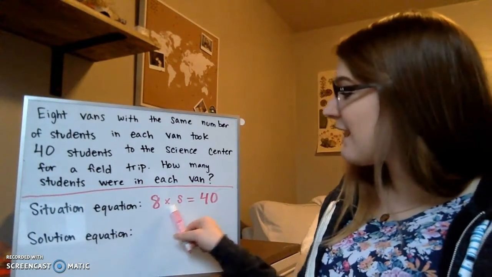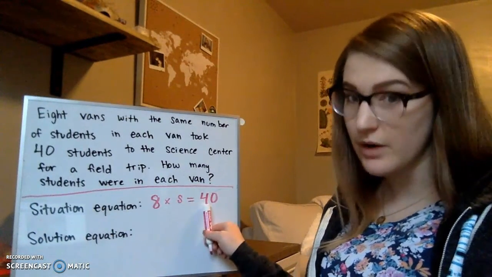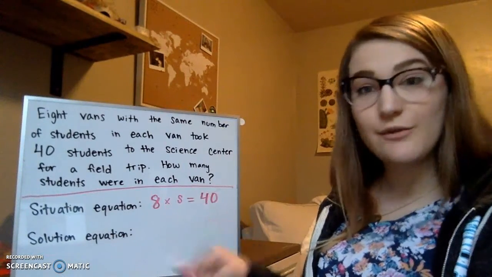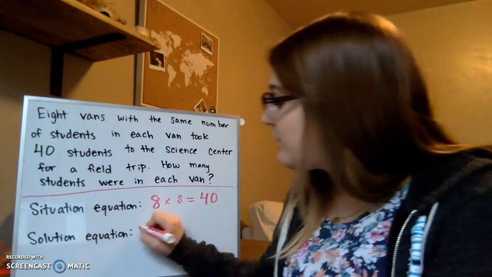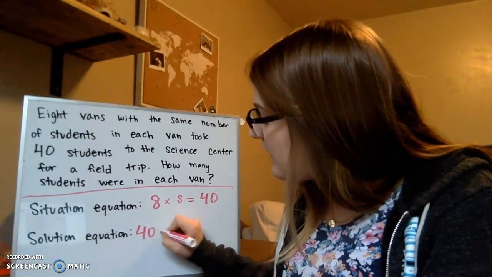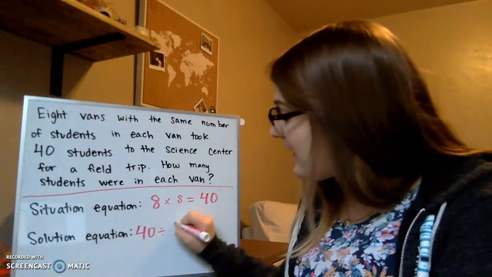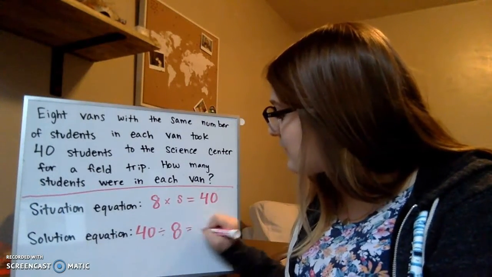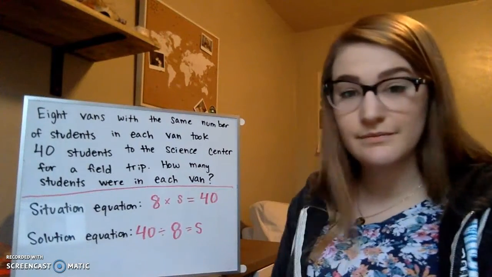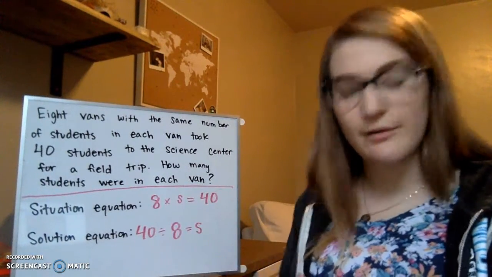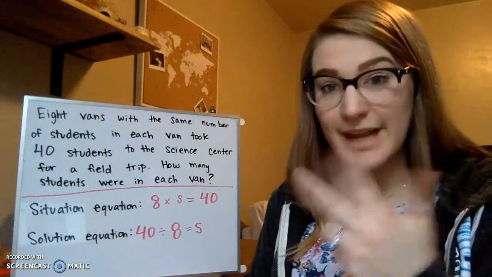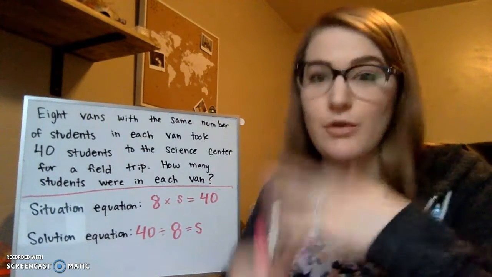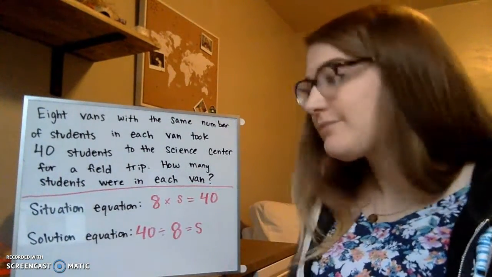So if 8 times S equals 40, I could do the inverse operation of division and do 40 divided by 8 equals S. And so now if I do 40 divided by 8, you could count by 8s: 8, 16, 24, until you get to 40.